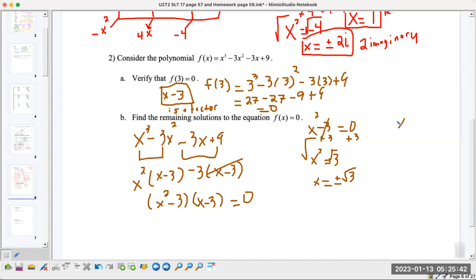All right, now we have our other factor, x minus 3. Don't forget this. Okay, we had an x squared minus 3, and now we have an x minus 3. So you can get x equals 3 here. So now we started with a cubed function. We should have 3 complex solutions, and we actually have 3 real solutions. This root 3 is positive, so it's a real solution. These are 3 real solutions.